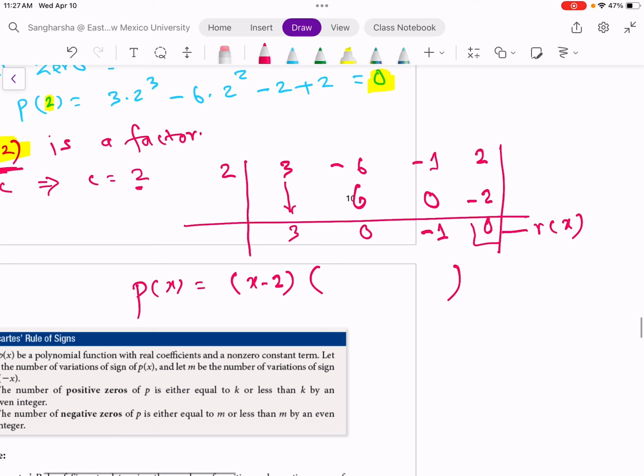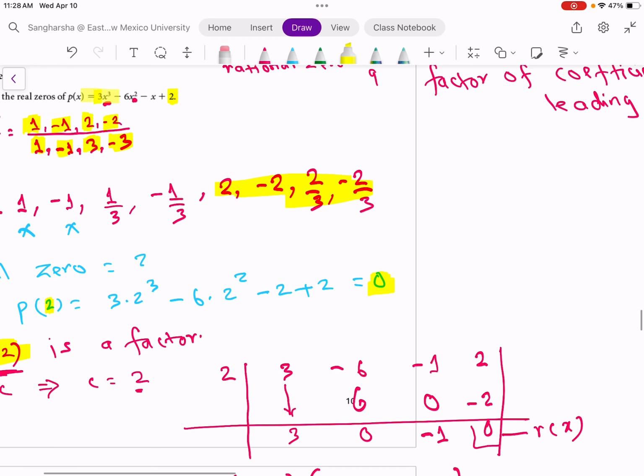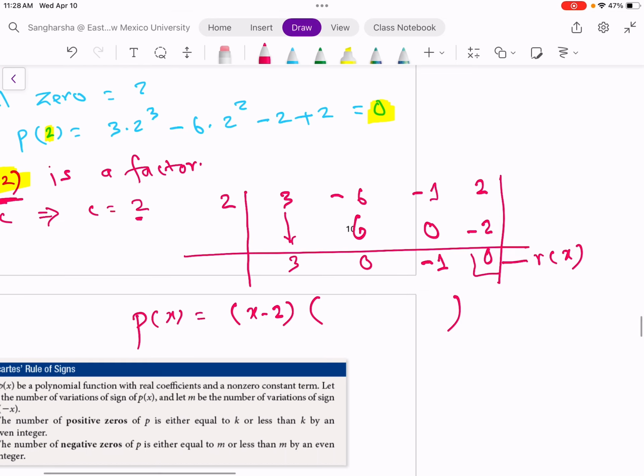Now how do we write the quotient? In order to write the quotient, we need to know the degree of the quotient. What will be the degree of the quotient here? Yes, the degree of the function is 3, so the degree of the quotient will always be less by 1. So 3 minus 1 is 2. To have degree 2, we have x square as the first term, this is our second term, and this is the constant.